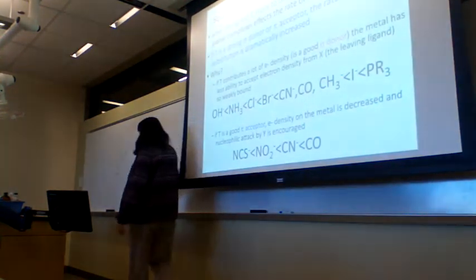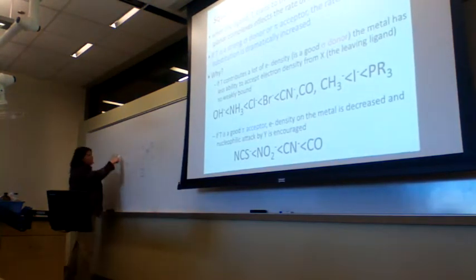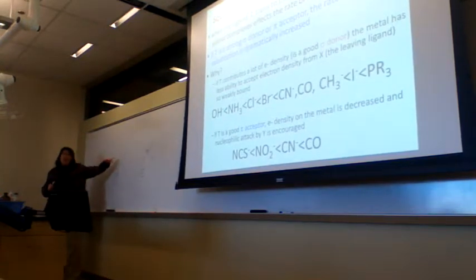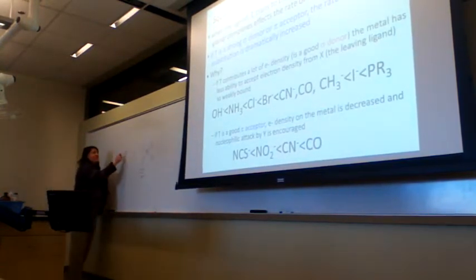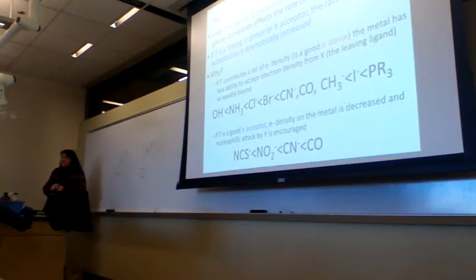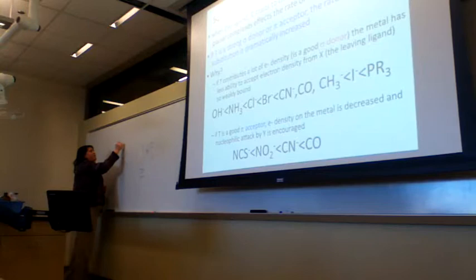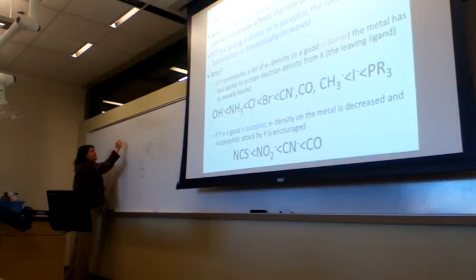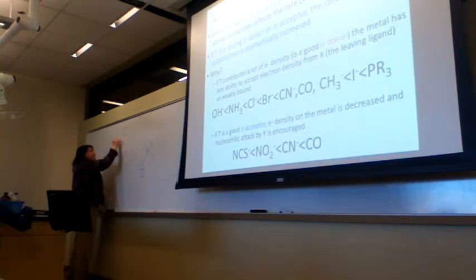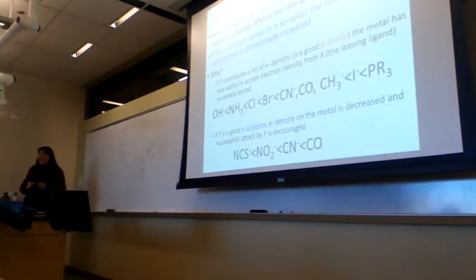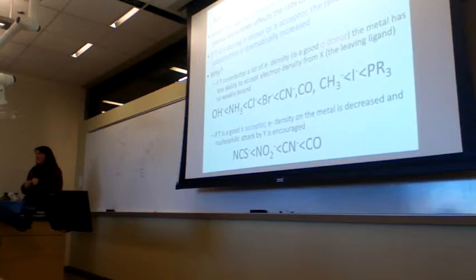So they're donating to the metal through this sigma bond. They're taking electron density out of the metal, making it positive. So one, this is weaker, and now that metal wants to be attacked by a nucleophile. So whatever nucleophile we put in at this point is going to replace that chlorine that is opposite our trans effect ligand.